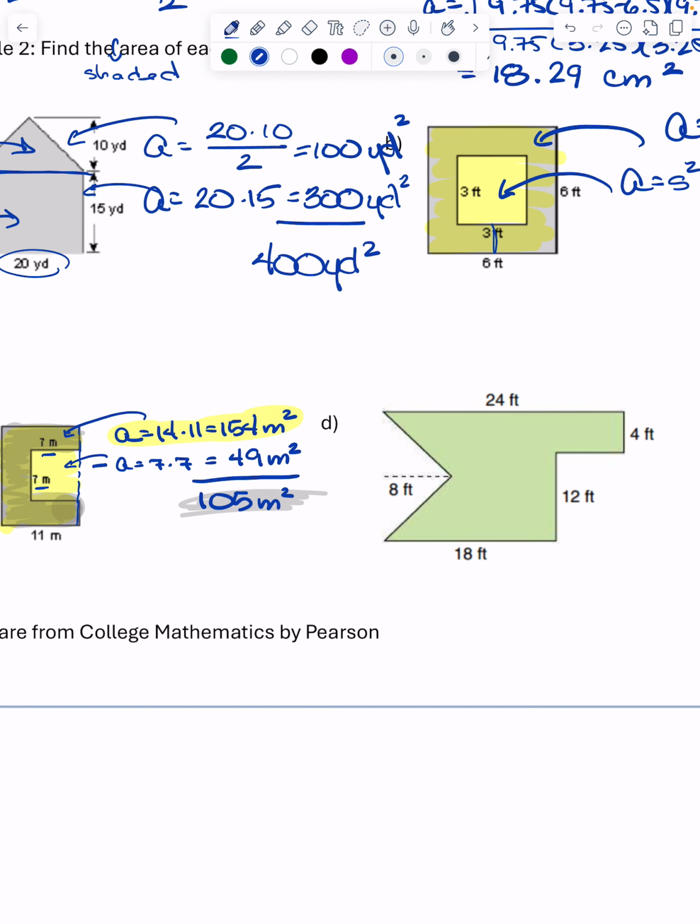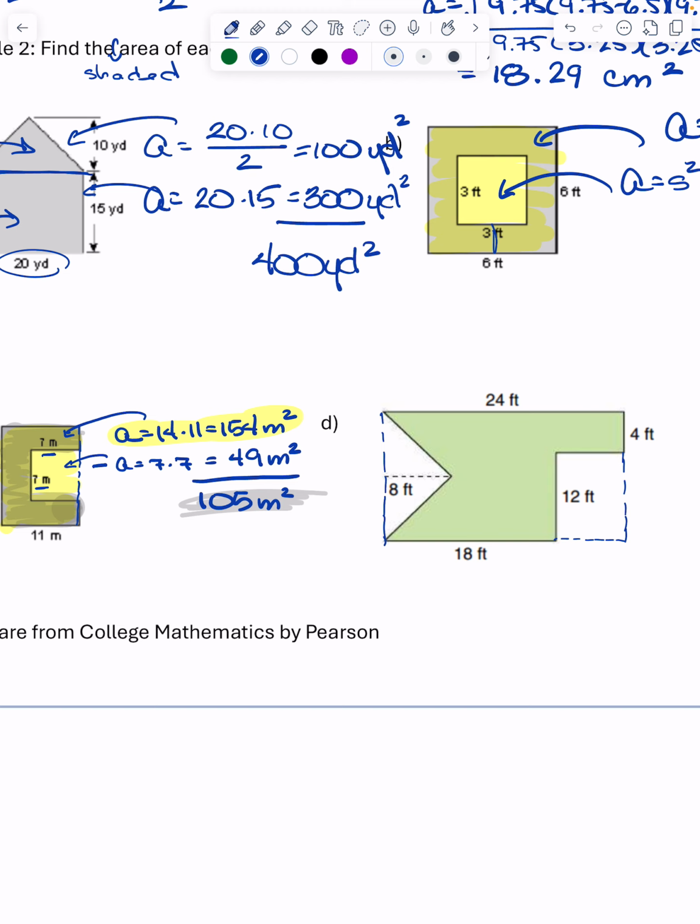D's got a couple different things going on. So if I extend this side and these pieces, I have got a nice rectangle. It's kind of obvious.